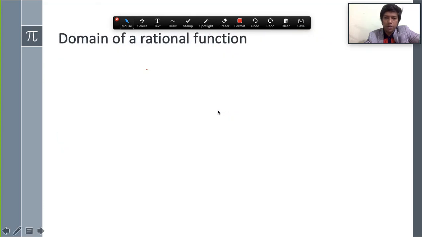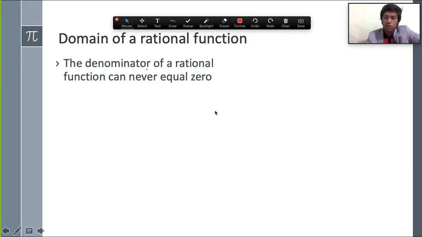Domain of a rational function. How do we find the domain of a rational function? Domain means the input, as you know. What are the numbers that you can put in a function? That is the domain of that function. The reason we study domain is that in many cases there are restrictions.